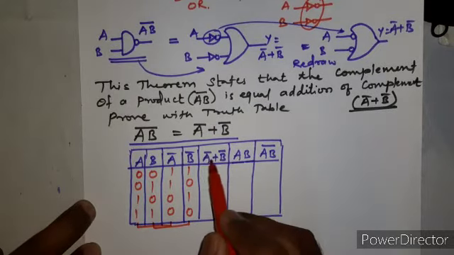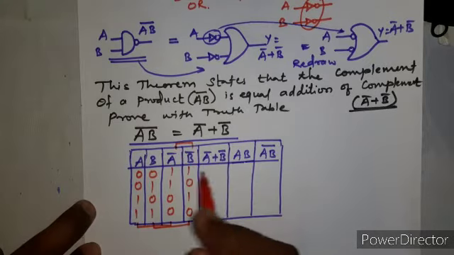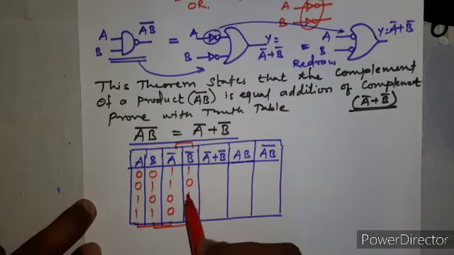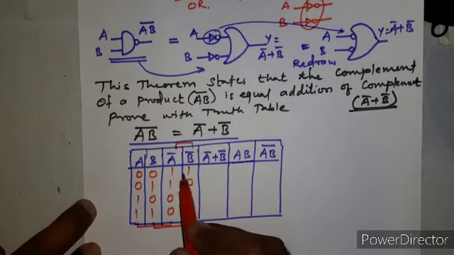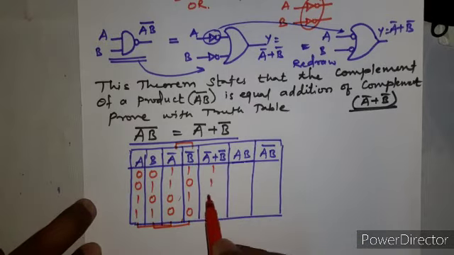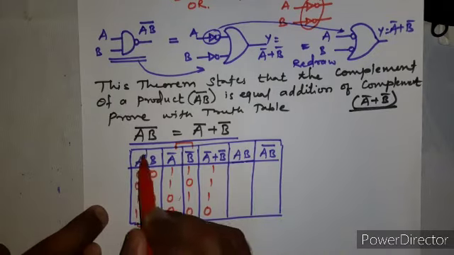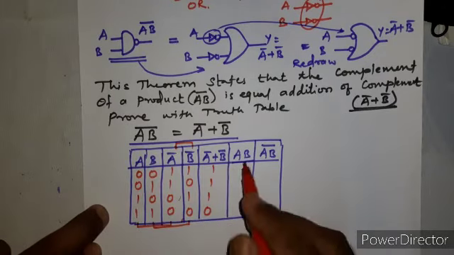Okay, what is A bar plus B bar? ORing of these two columns, entries of these two columns, right? So what does the OR gate say? If any of the inputs is 1, output is 1, otherwise output is 0. Okay, AB means ANDing of these first two columns, right?